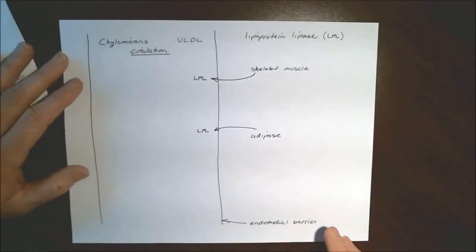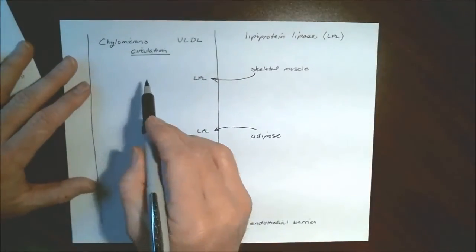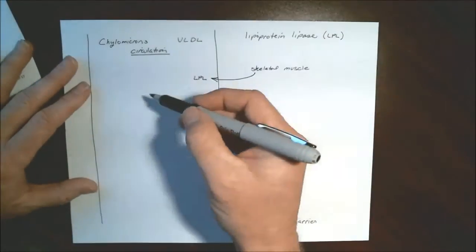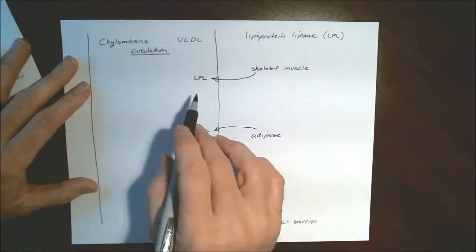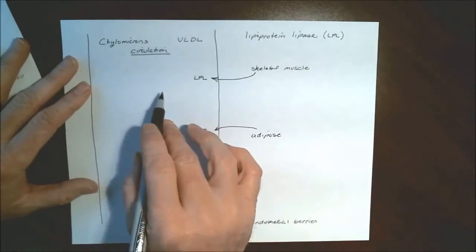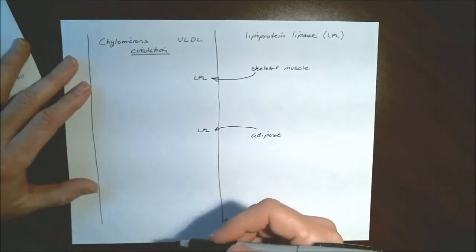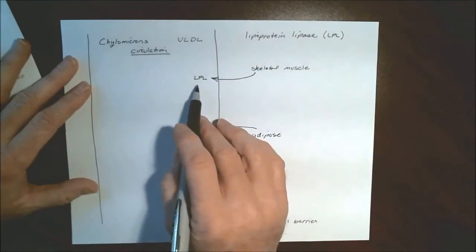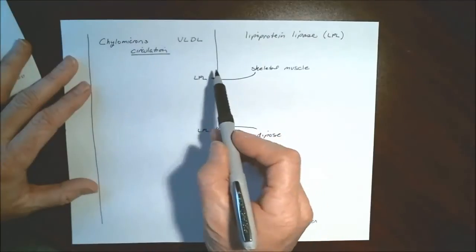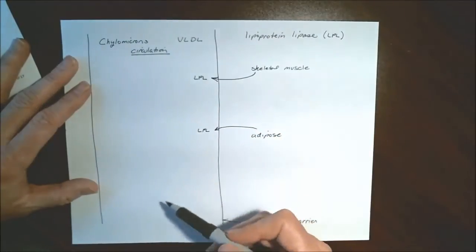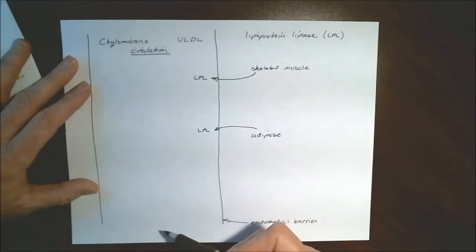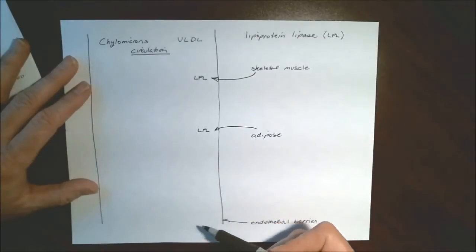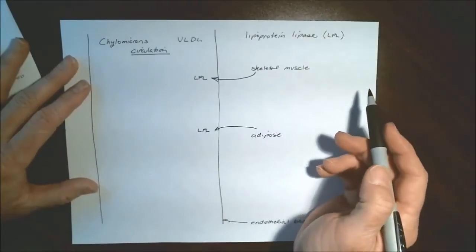Now, another consideration is that in the circulation we have an enormous amount of blood flow. There is a huge potential, once the LPL reaches the circulation, of it being rapidly swept away downstream. If the skeletal muscle is here and the LPL is swept far downstream, any lipase activity is going to release fatty acids downstream from the tissue that needs them.